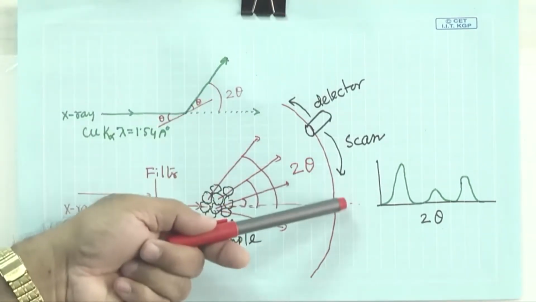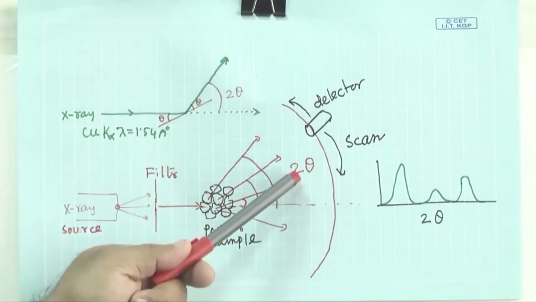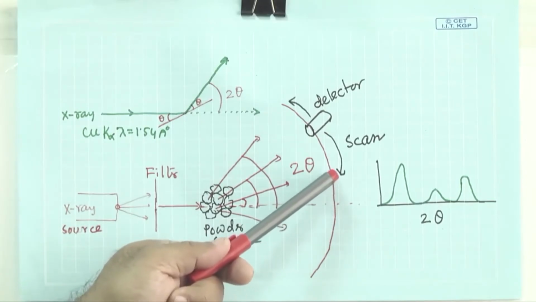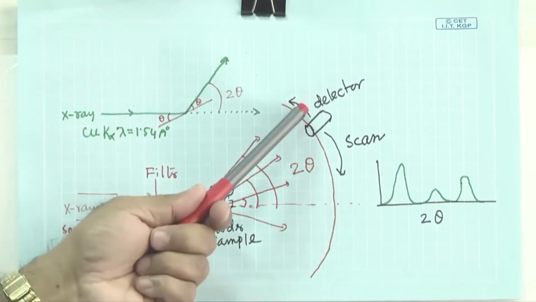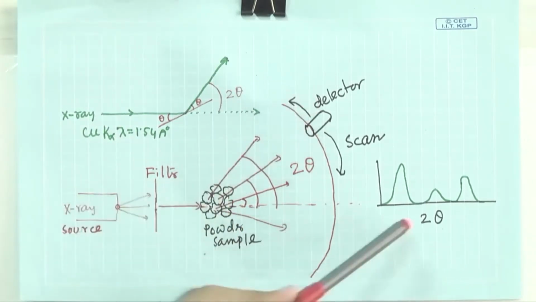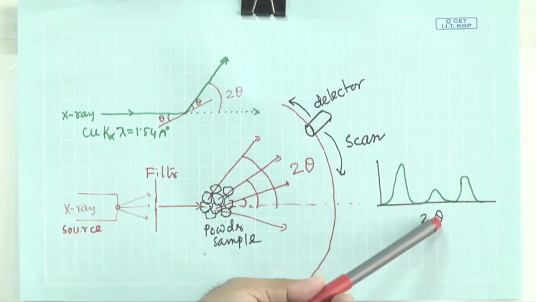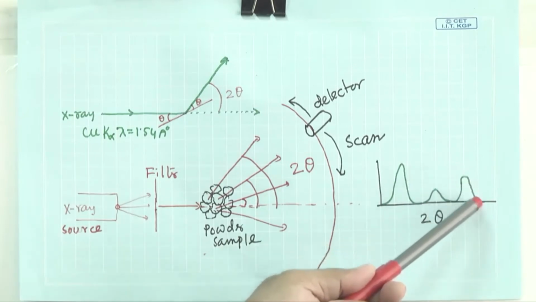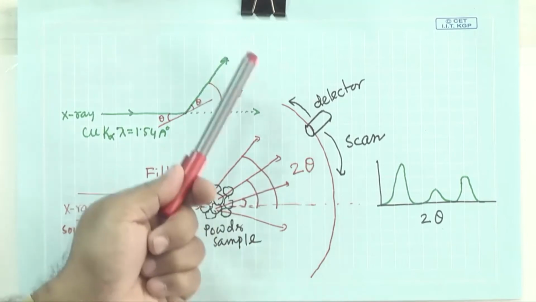So, generally we scan 0 to 90 degree. So, if you scan, this detector will tell you at which angle the diffracted beams are coming. So, that is why the variable we plot here is 2 theta. From 2 theta one can find theta by dividing by 2. So, when it scans, it notes down the variation of intensity of X-rays at different angles.